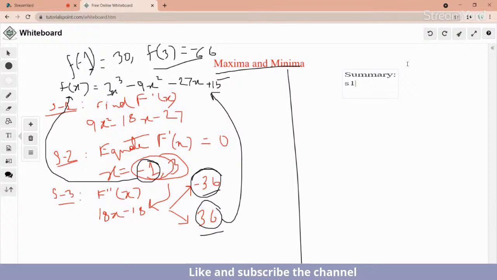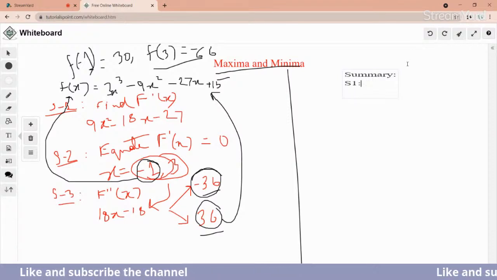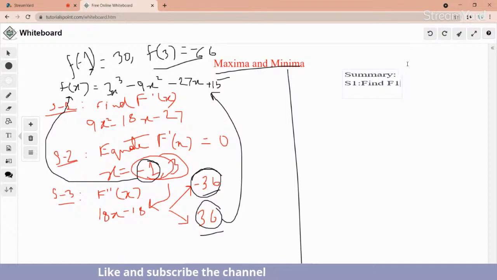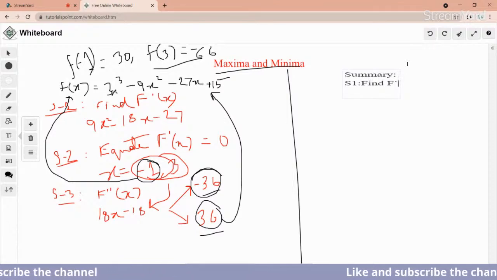So step 1. Find f dash x, or whatever the function is given.